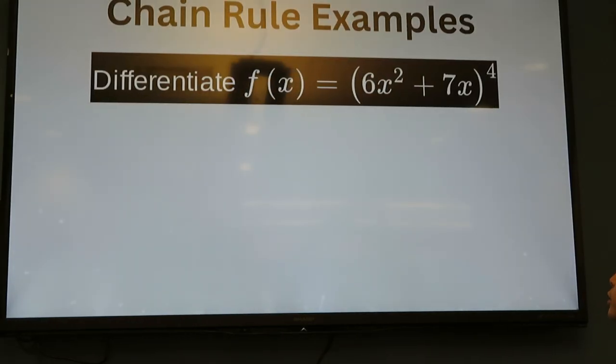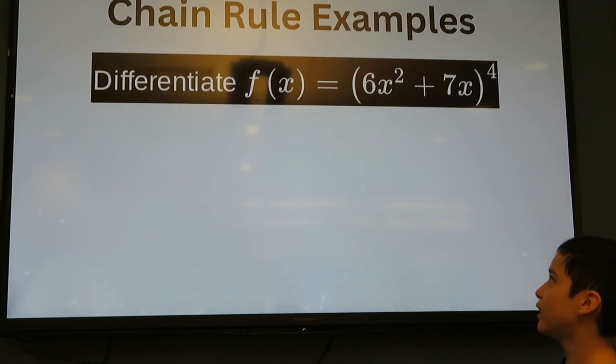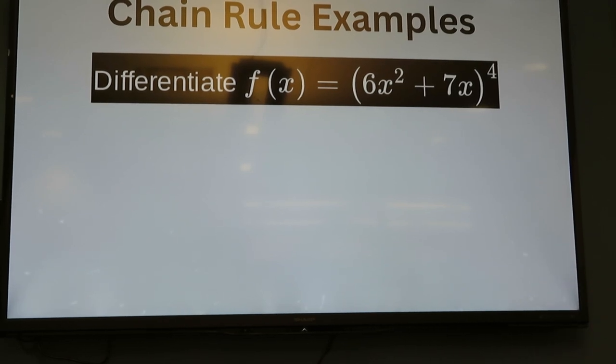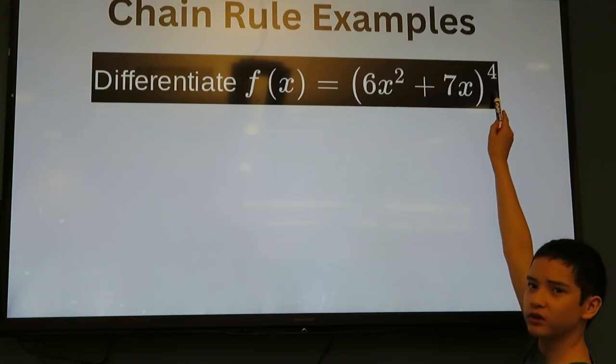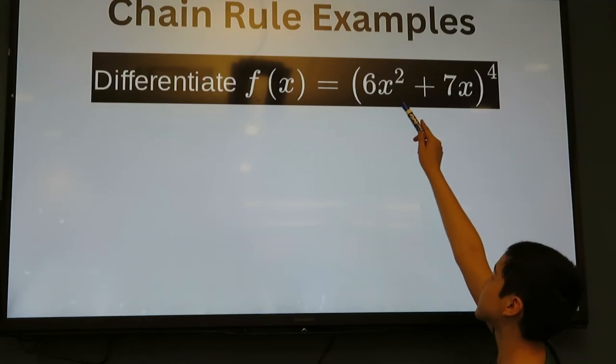So this is how we would use the chain rule. Let's say we have f of x equals 6x squared plus 7x to the 4th power. If we use a bit of logic, we can see that the outer function would be x to the 4th, and the inner function would be 6x squared plus 7x.